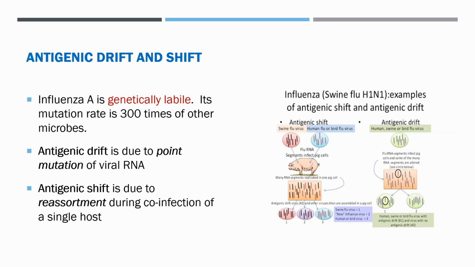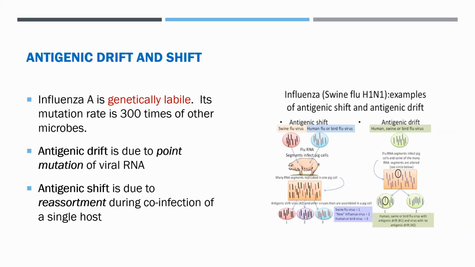As alluded to earlier, influenza A is genetically labile, meaning that its mutation rate is very high. It is 300 times more than other microbes. And we also learned that there's something called antigenic drift and another condition called antigenic shift.